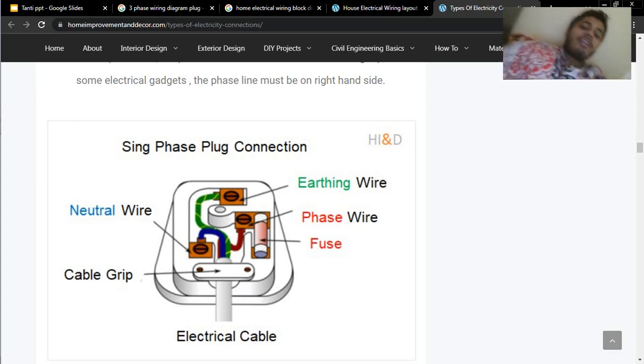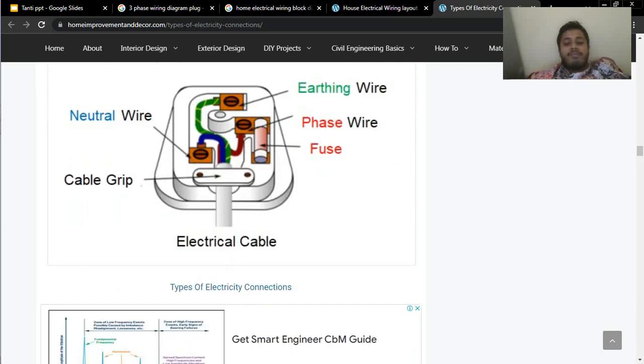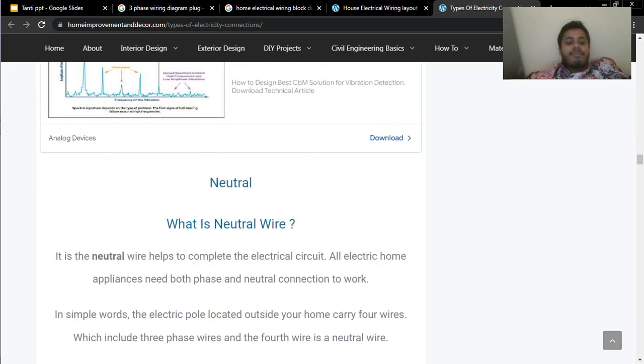Green is earth, red is phase, blue is neutral, and here the fuse is connected, and then it will decide whether it is 16 ampere or 6 ampere. What is the ampere rating of this single phase cable? Normally it is 3 amps to 6 amps.